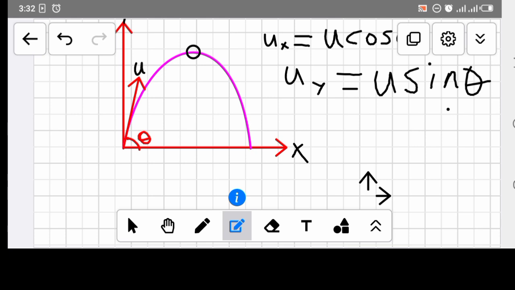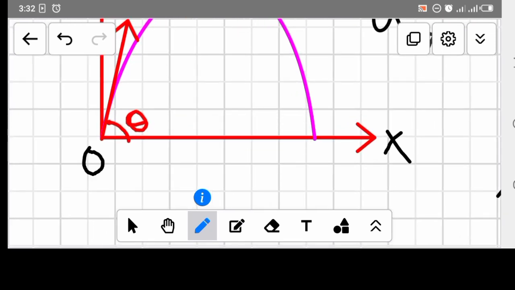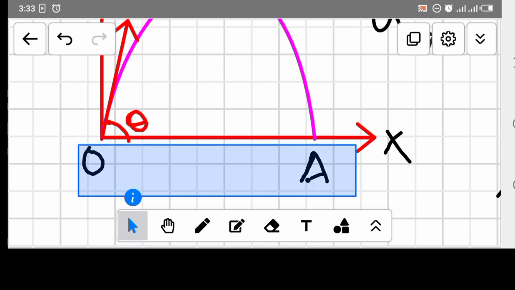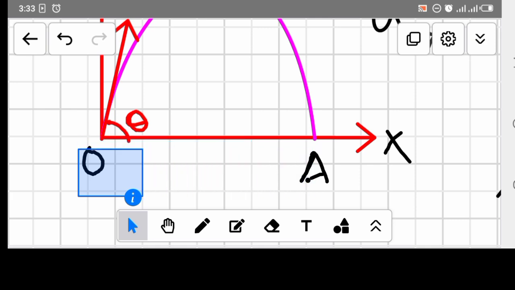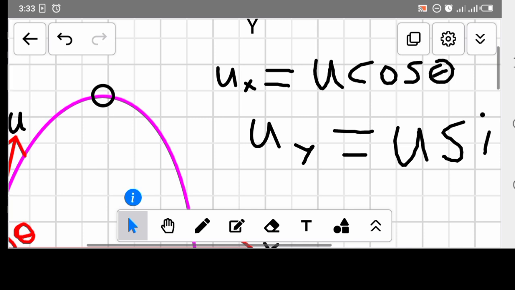Let's label this side as point O and this side as point A. From O to A is the horizontal distance traveled by the projectile. It travels this distance using the velocity ux, not the total velocity.